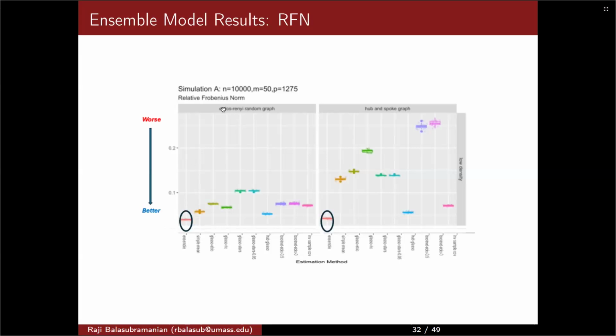2 different types of graph structures, this is a random graph, and this is a hub and spoke graph. We're looking at a measure called the relative Frobenius norm, which is a measure of how close our estimate is to the truth. In that context, a relative Frobenius norm that is really low is a good thing because it's really close to the truth, and something that's up here is worse.